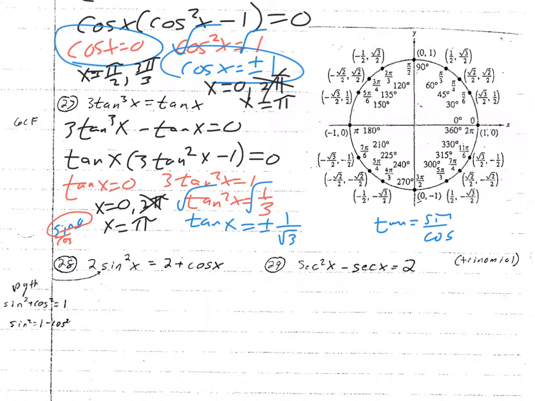Next, I need to look up the tangent being plus or minus 1 over the square root of 3. And the tangent, remember, again, is sine over cosine. So I really only want to look at the tops. This top value here is going to be the sine value, and this is going to be the cosine. And it works out kind of nice because it's right over here on pi over 6. This would be my sine, and that would be my cosine.